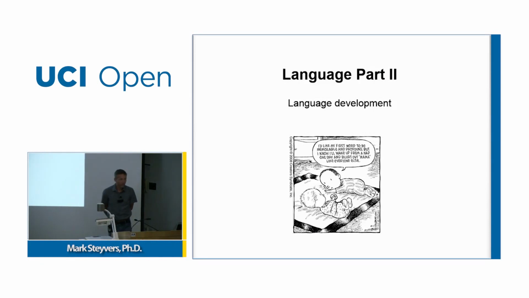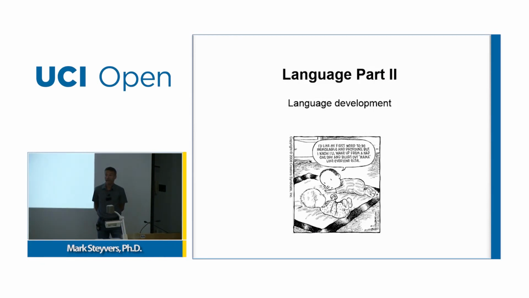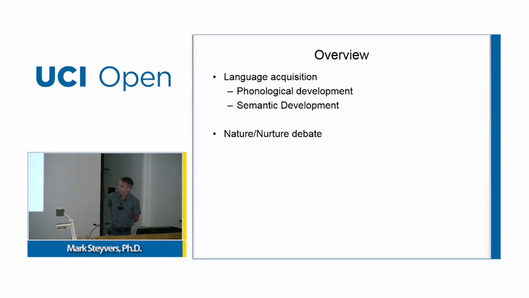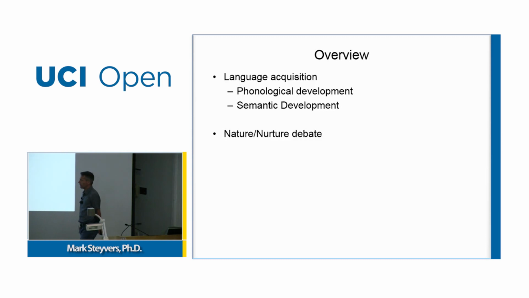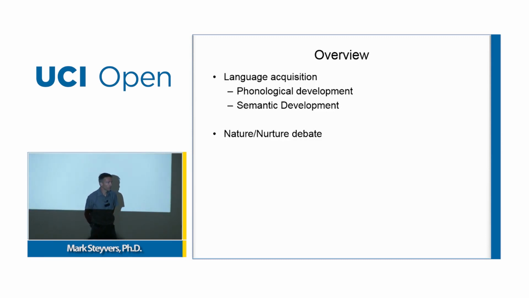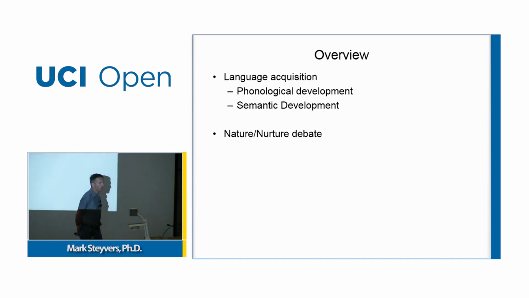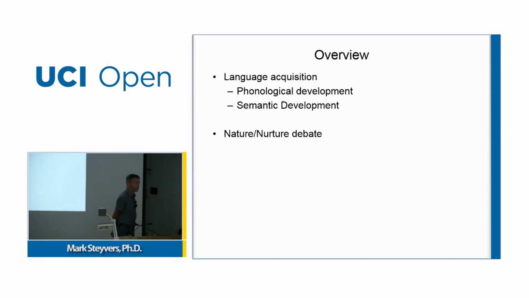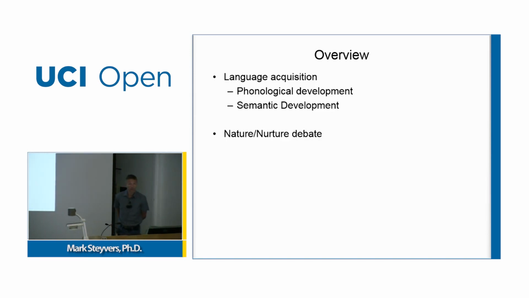All right, so today we'll go into the second part of language, on language development. So we'll talk about phonological development. How do we learn the sounds of a specific language? How do we learn what the words are in a language? And then talk about semantic development. How do we know what words refer to?